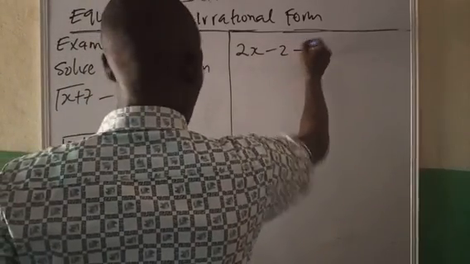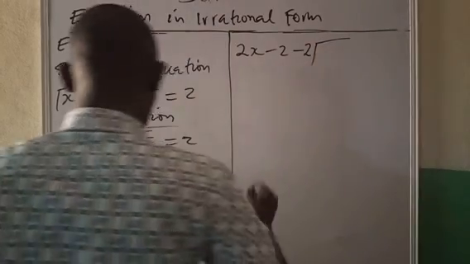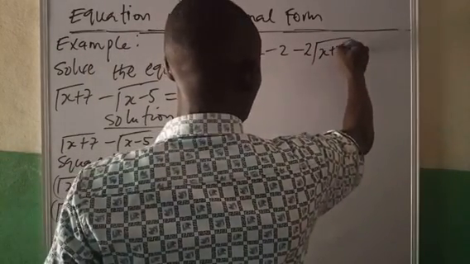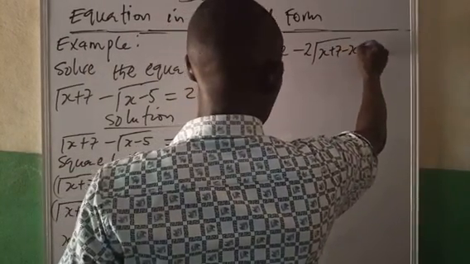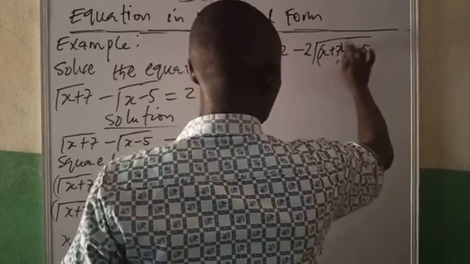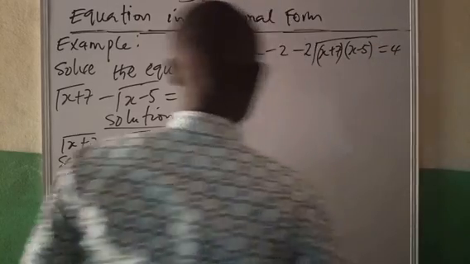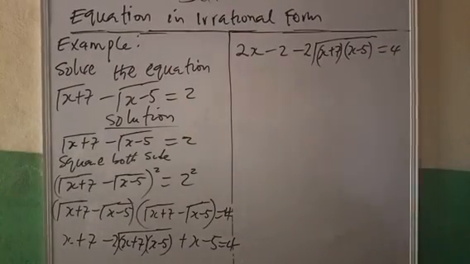This will be minus 2 root s plus 7 bracket s minus 5 bracket, is equals to 4. So we can take this one to the other side.